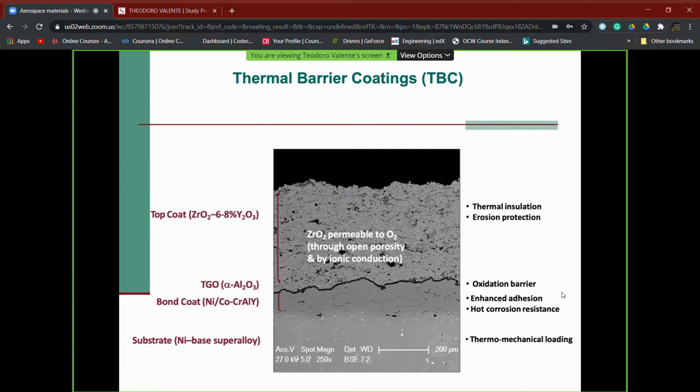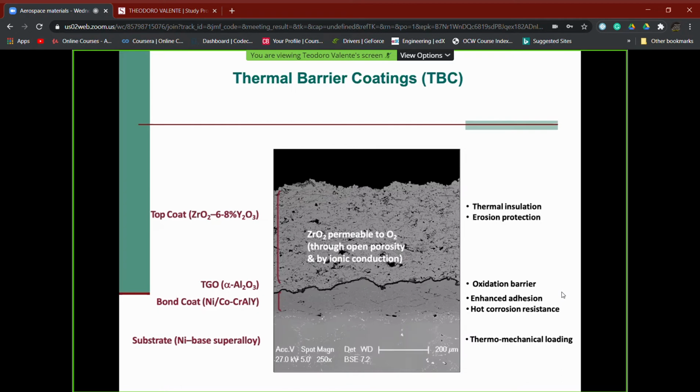The same can apply, for example, to borides. So for this application, thermal barrier coatings, we look to the class of oxide-based materials, because the top coat is going to work at high temperature in an oxidizing environment.